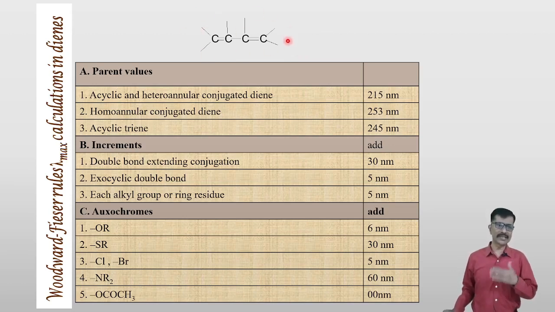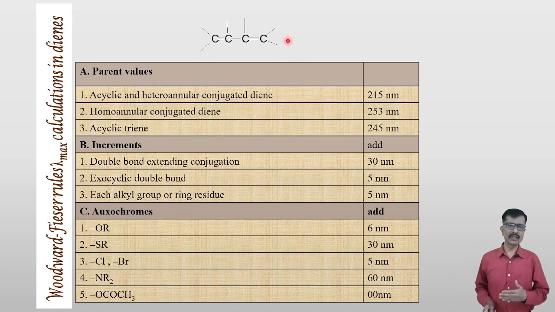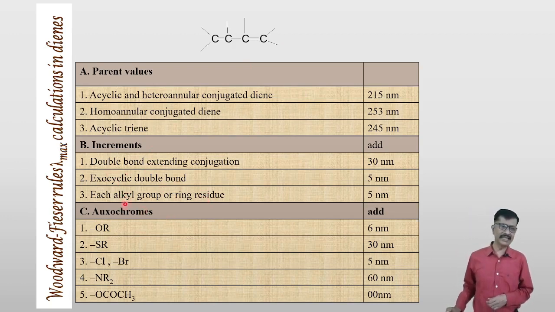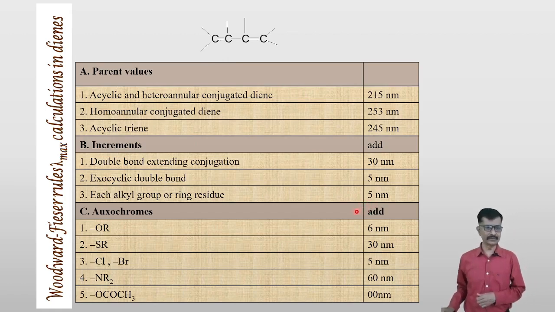So, we have to check substitution on such allylic carbons. On allylic carbon, if there is an alkyl group or a ring residue, in subsequent slides we will see what is ring residue and all. So, if at all there is any alkyl group or ring residue on allylic carbon, we have to add 5 for each such alkyl substituent or ring residue.